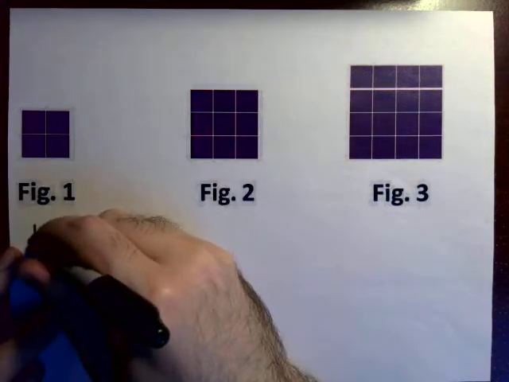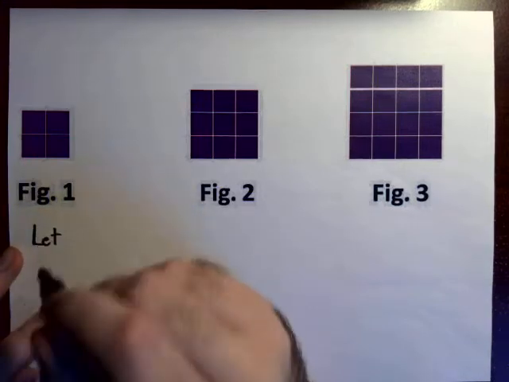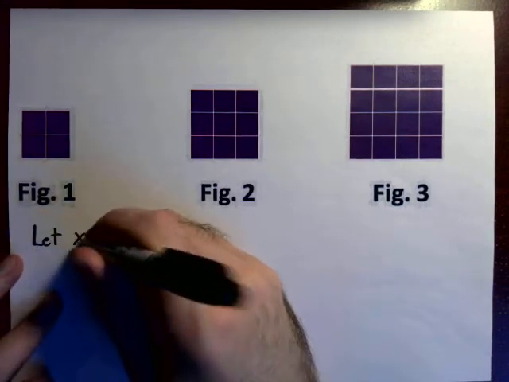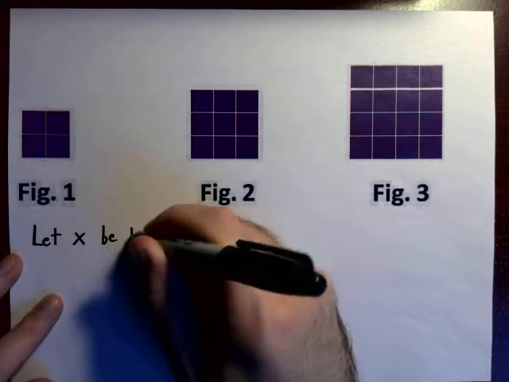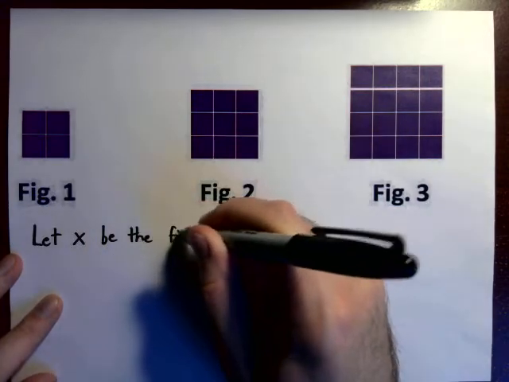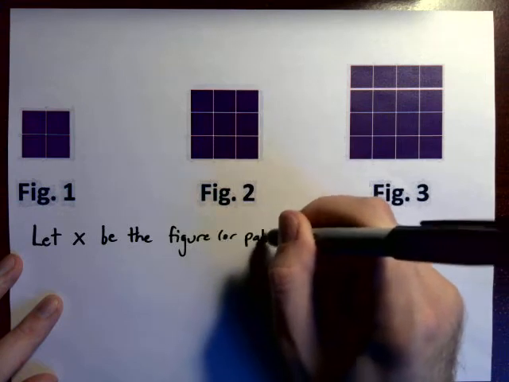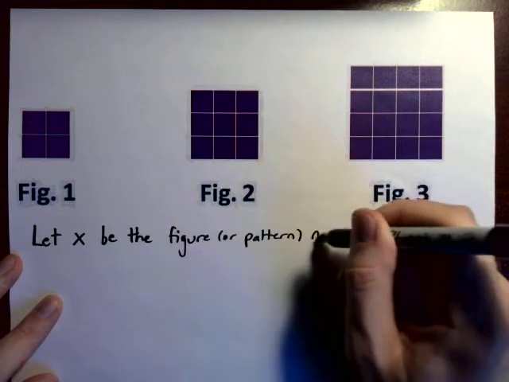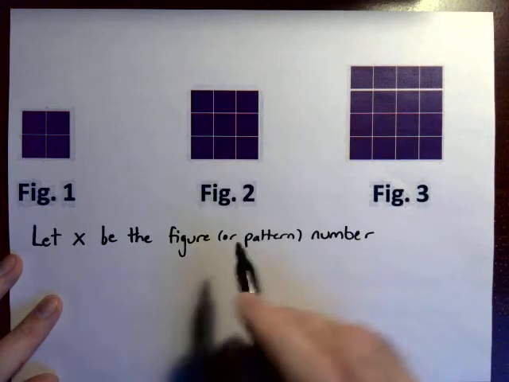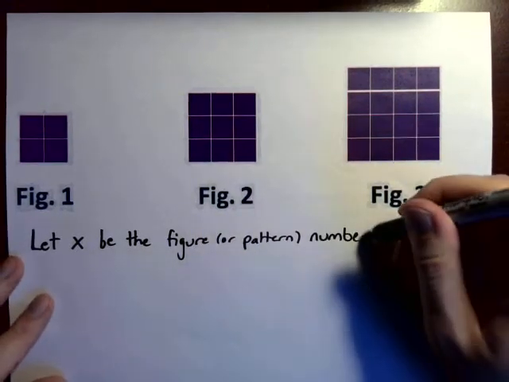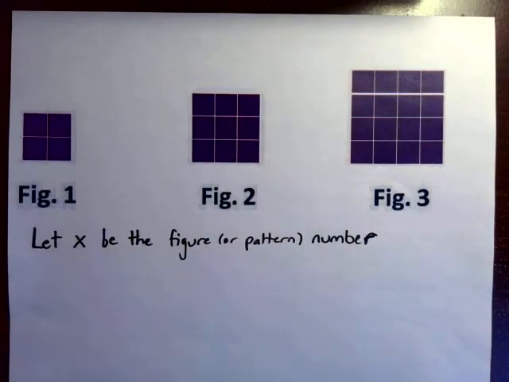Just like we did with the word problems, we're going to define some variables. We will let x be the figure or pattern number. I said that because in some of these examples, they'll say pattern instead of figure.